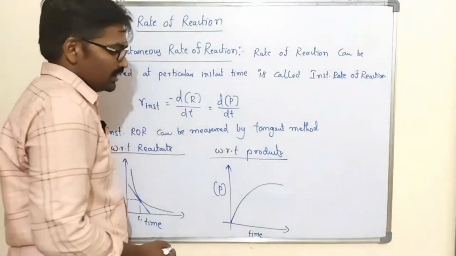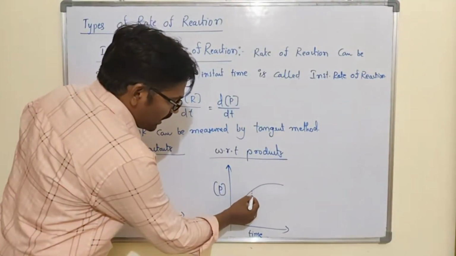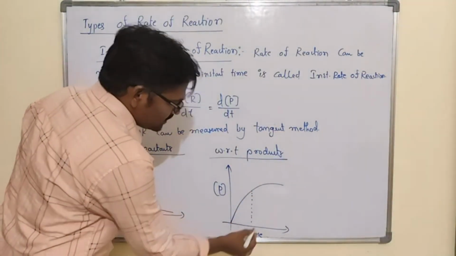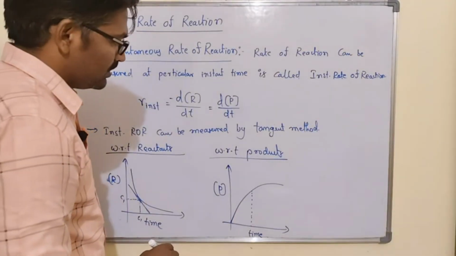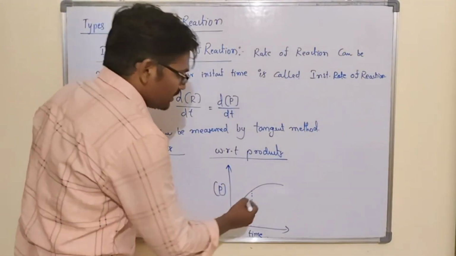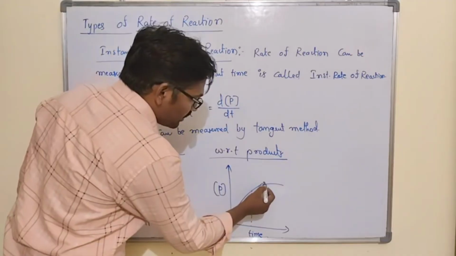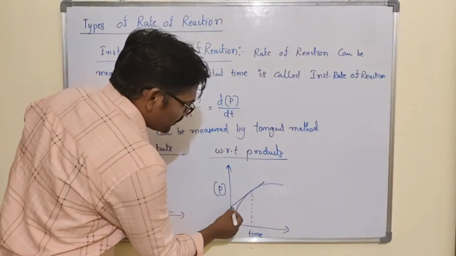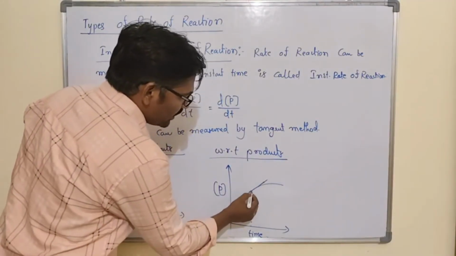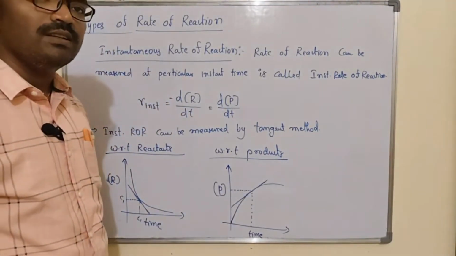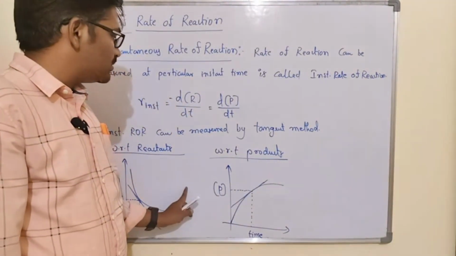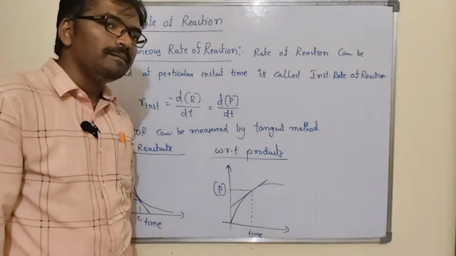So at a particular time, does the concentration of the products increase or decrease? It increases. Then the rate of reaction at a particular concentration at the point, if you draw that, you can get how much the concentration has increased. Based on that, we can find out. This we call the tangent method.